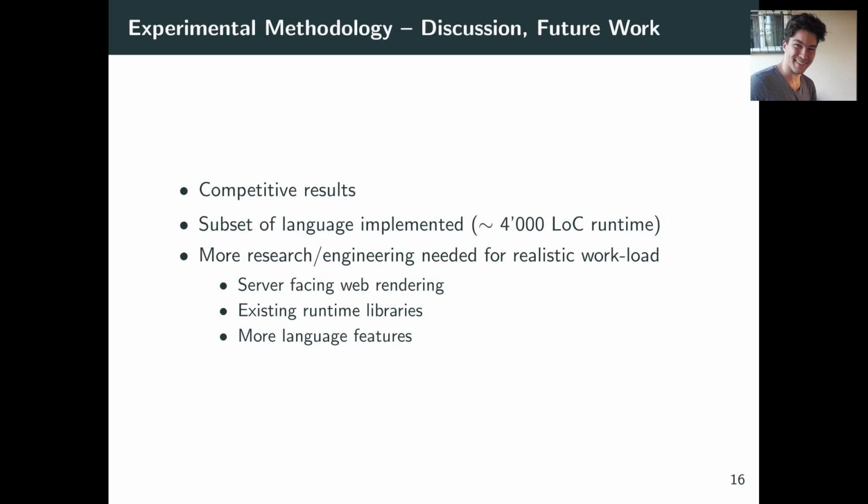So PHP is typically used for HTML-based rendering in web servers, and that's also part of future work. Another interesting future work is supporting PHP's existing range of native libraries as well.